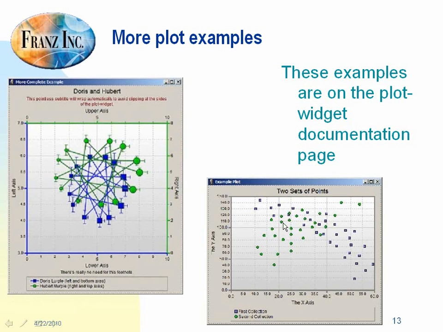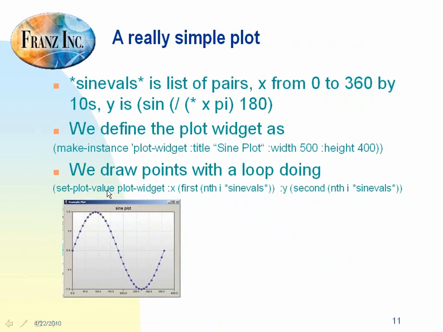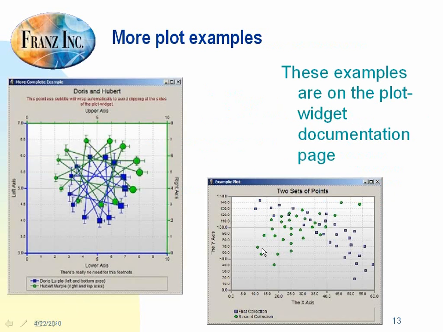And again, this is a common type of graph to make, and all that changed is that there's a draw lines feature, and it defaults to true, which is why we got lines in this case, and lines in our sine plot. We didn't say anything about lines, and so they get drawn, but it is possible to specify draw lines to be nil, and then you get a scatter plot.